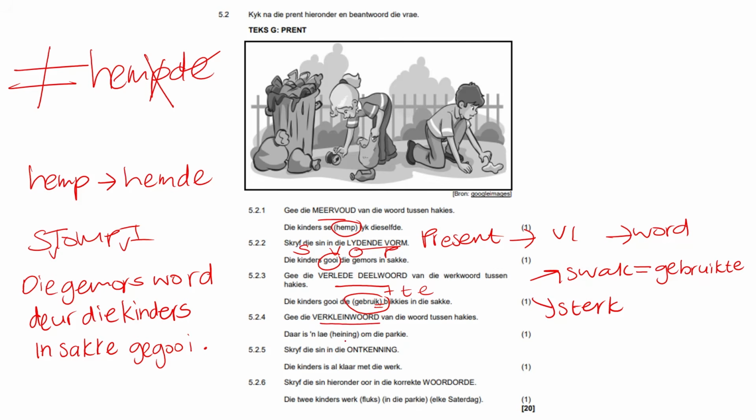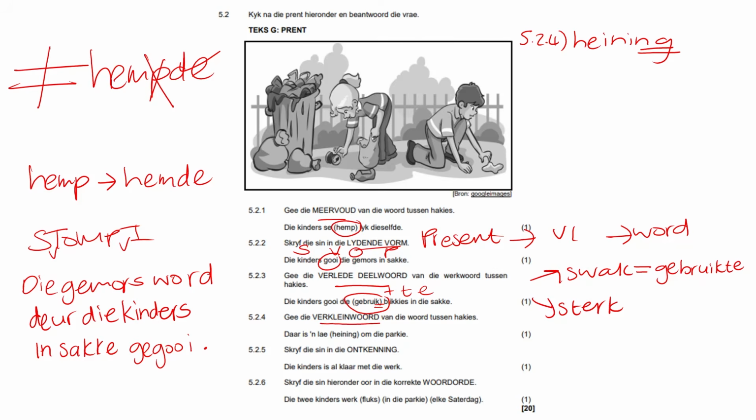Okay, next one. Gee die verkleining van die woord heining. That rhymes, guys. Okay, so what is our word here? It's heining. 5.2.4. We have heining. So our rule is that when it ends with an NG, okay, things start to change, right? But it depends on if it's a short vowel or a long vowel.